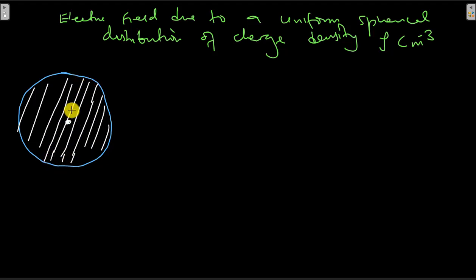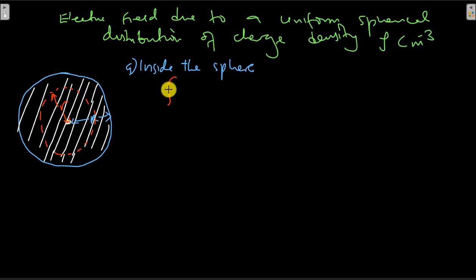This is the center of the sphere. Suppose this sphere has a radius capital R. If we apply Gauss's law inside the sphere, it means we have to draw a Gaussian surface inside the sphere. So there we go, a Gaussian surface of radius small r.